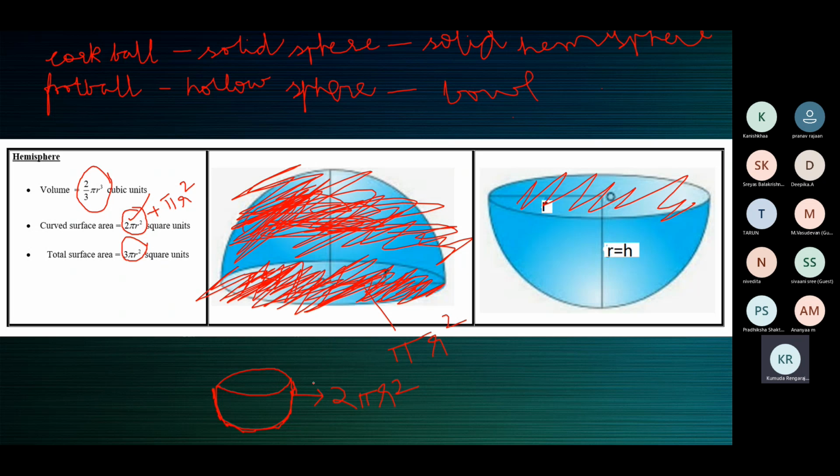So when you have a hemispherical bowl open at the top, the total area outside that can be painted is 2 pi r square, because only the curved surface area can be painted.